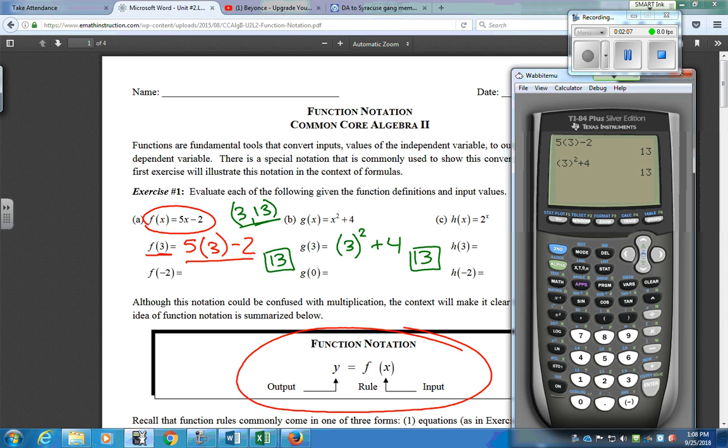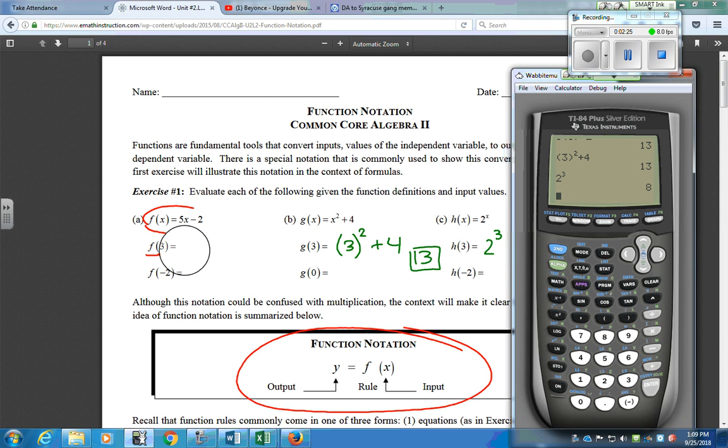And for the last one, they want us to put in 3 again, and this one is just 2, and then the exponent is 3. So that one will be 2, caret symbol to get our exponent, and then we're going to have 8. So this goes through some of the first ones that we're doing: just taking input values, putting them into the equation, and then getting an answer out.